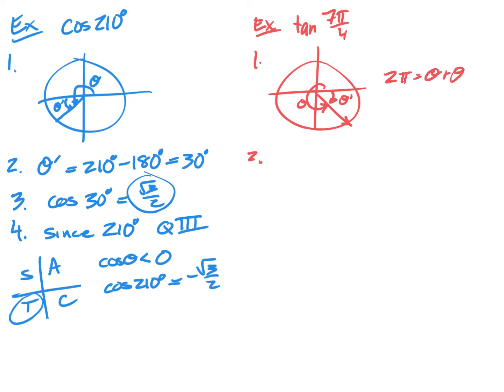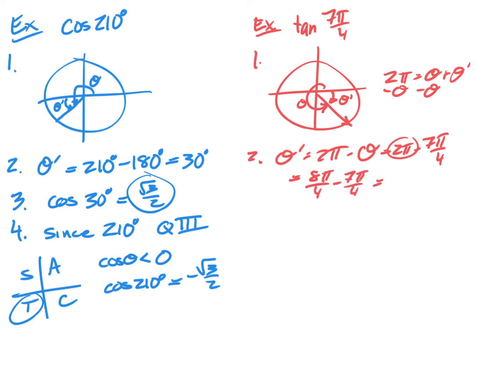If we subtract theta from both sides, we get theta prime is 2 pi minus theta, which is 2 pi minus 7 pi over 4. Now we can rewrite 2 pi in terms of having a denominator of 4. So 2 is the same as 8 over 4. So 2 pi is 8 pi over 4, minus 7 pi over 4, and that gives us our reference angle, which is pi over 4.